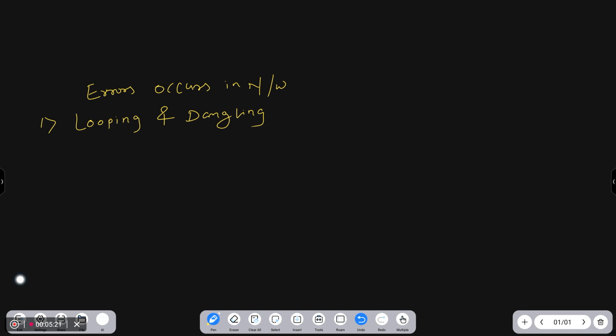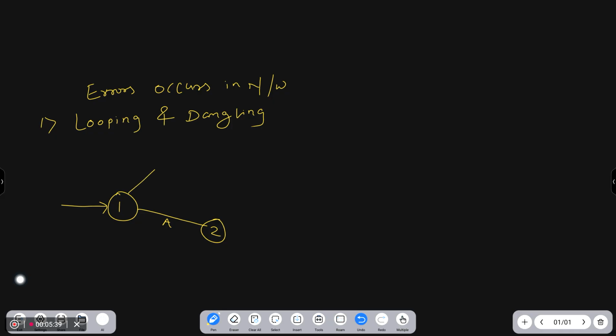Now what do you mean by looping? Looping is not allowed in the network diagram. Sometimes suppose your activities start like this. Suppose this is event 1, and this is activity A to event 2.